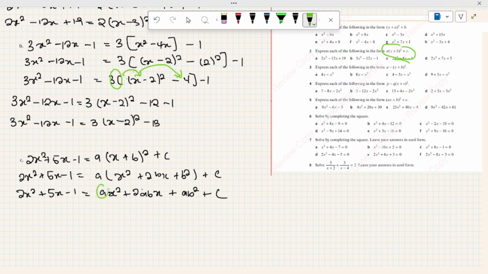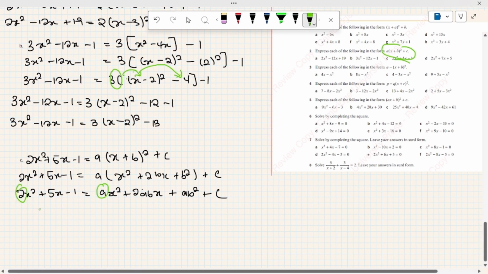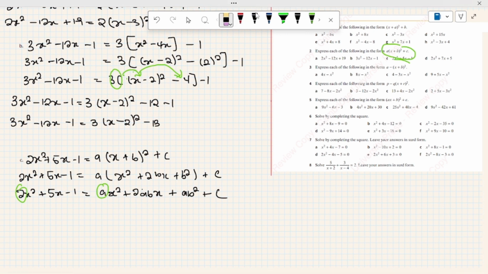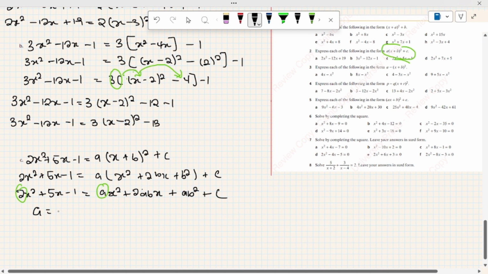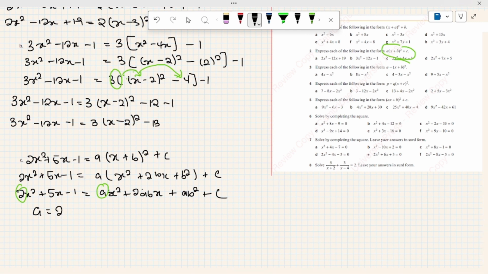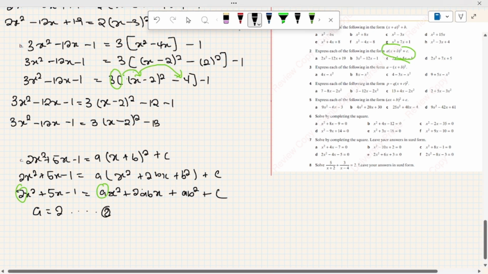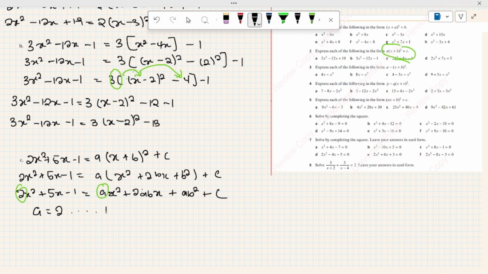As I've said before, look at the coefficient of x squared on this side and the coefficient of x squared on the other side. Now a is equal to 2, because the coefficient of x squared on this side is equal to the coefficient of x squared on that side, right? So this is our first equation.